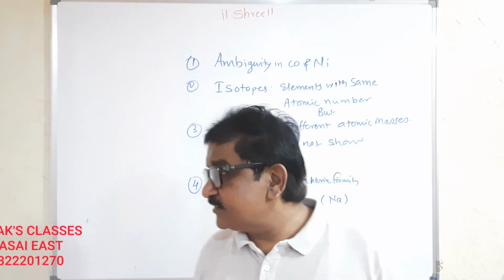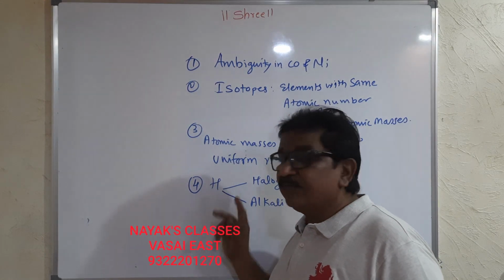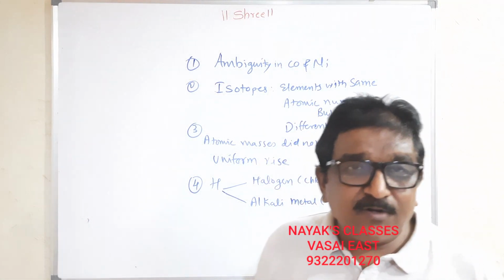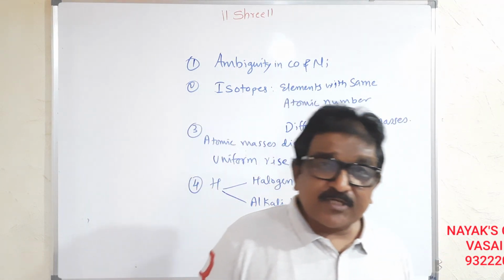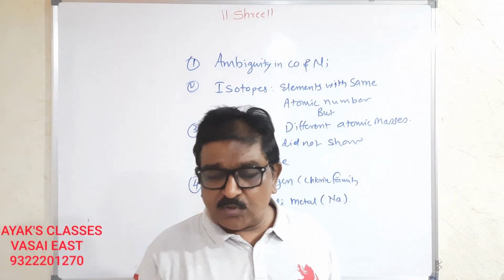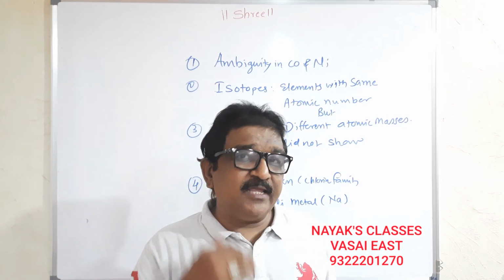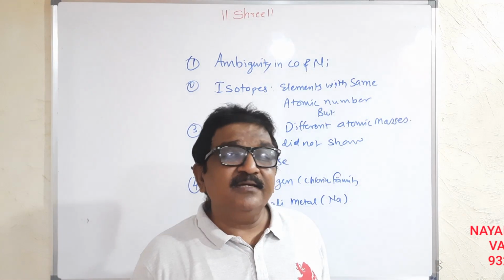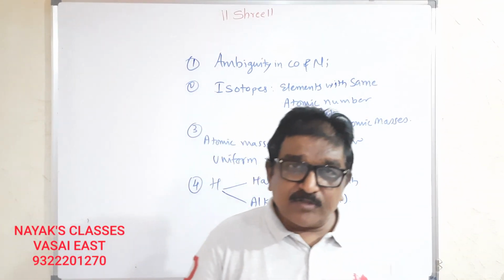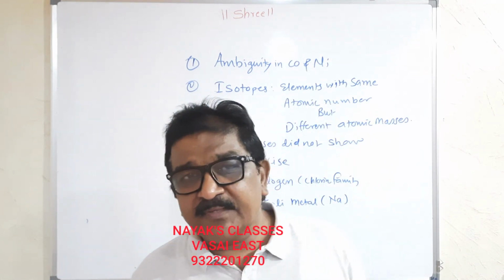And the last one is, hydrogen created a problem. Hydrogen was showing properties of halogens. Halogens means chlorine, fluorine, bromine and iodine. They are highly reactive. Hydrogen is also highly reactive.